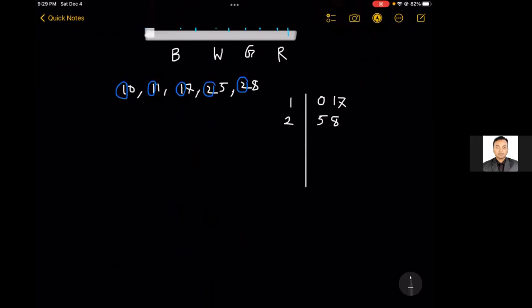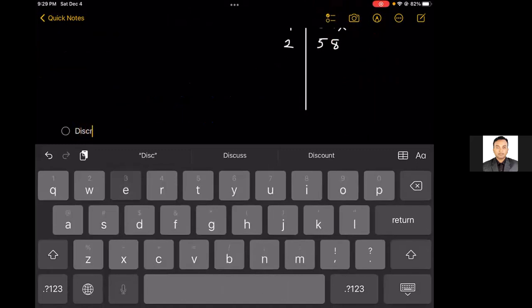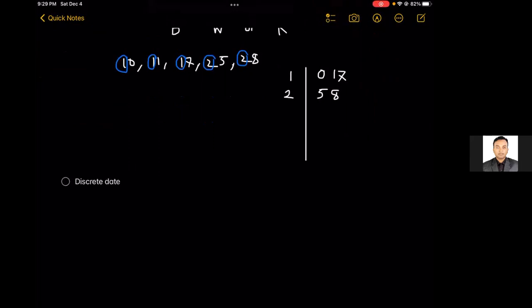Next, we want to ask, what if we have a discrete data set? What if we have this sort of data? Again, a quick reminder, a discrete data set would be a data set using complete, I should say, whole numbers. That means it doesn't have any decimals or fractions, right?